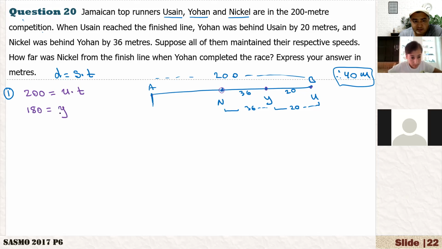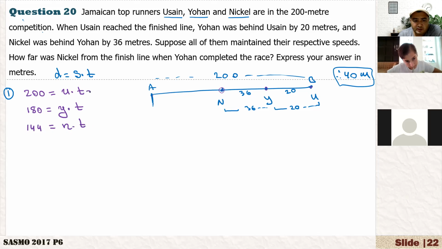His speed is, let's say this Y, times T. And how about Nikhil? Nikhil is 20 and 36, that is 56 meters behind the finish line, which is 144. He covered only a distance of 144 meters, and his speed is, let's say, this N, times T, right?